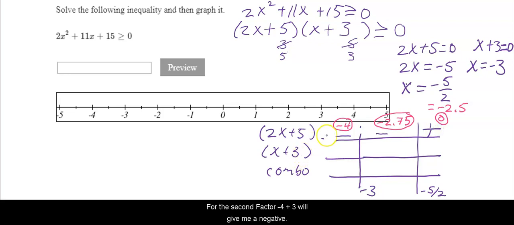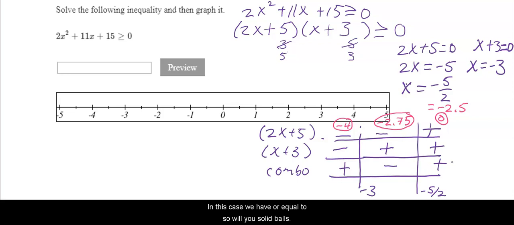For the second factor, negative 4 plus 3 would give me a negative, but negative 2.75 plus 3 would be positive. Small, but positive. 0 plus 3 would also be positive. Their combination, multiplied together, would be positive, negative, positive.